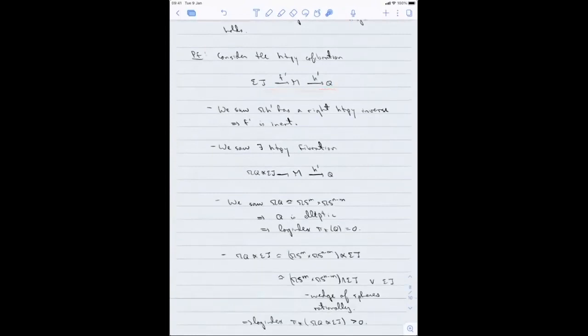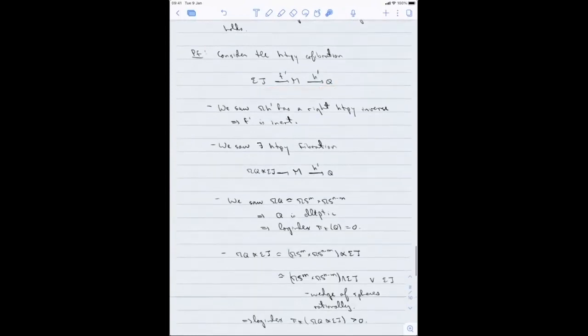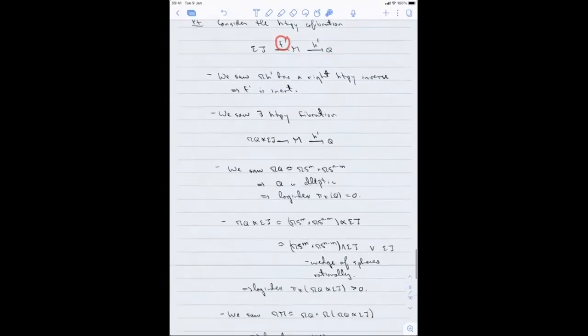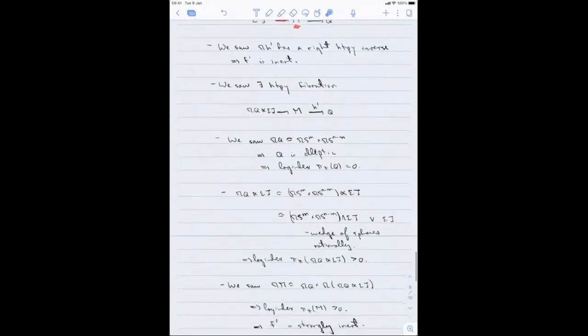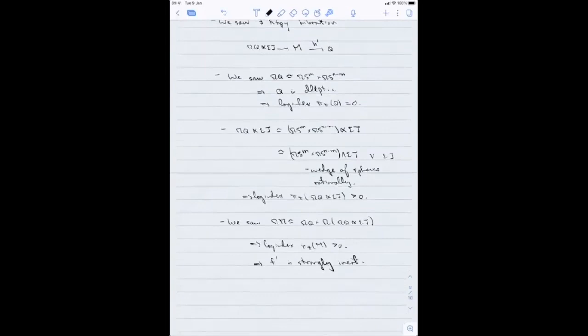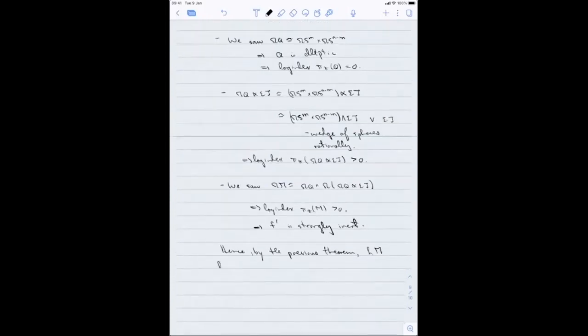We know that our attaching map is strongly inert. So this space in the middle, its free loop space has good exponential growth. So by the previous theorem, the free loop space on this Poincaré duality complex, its rational homology, has good exponential growth.